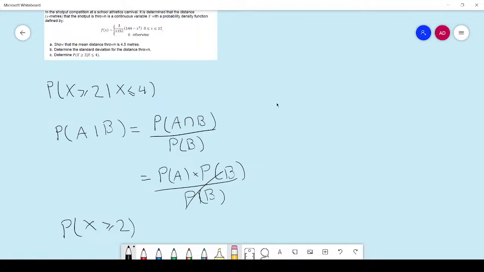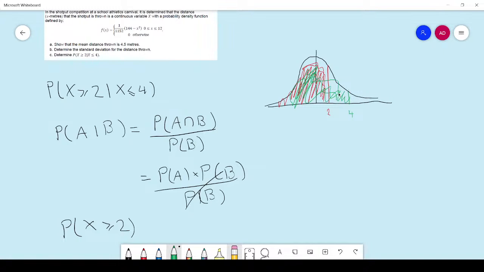It should be something like this. Maybe here is 2, and here is 4. So we'll find this red area, and we'll find this green area.